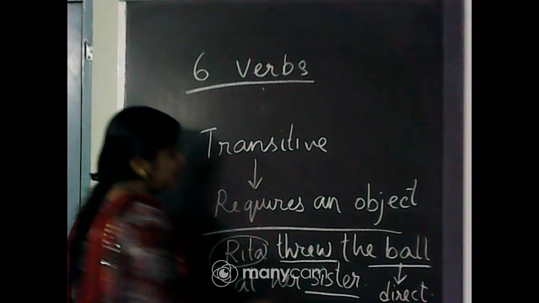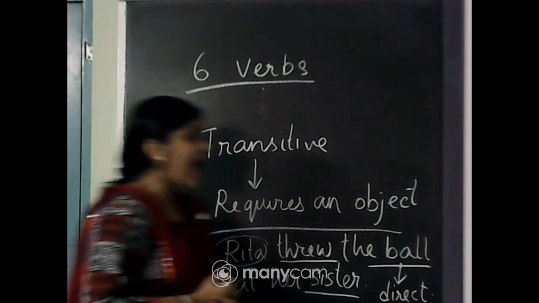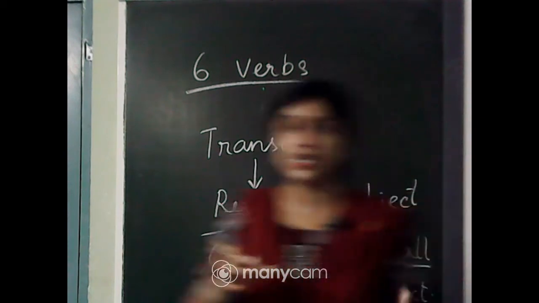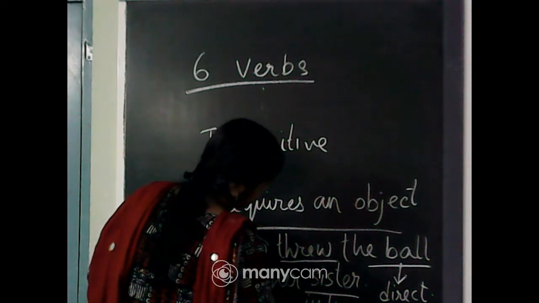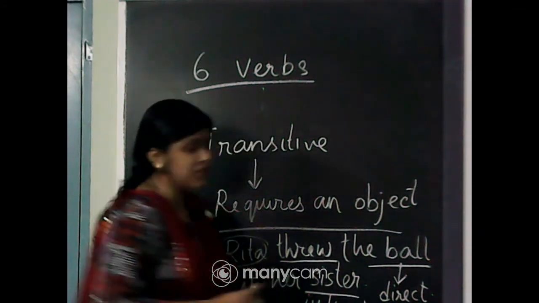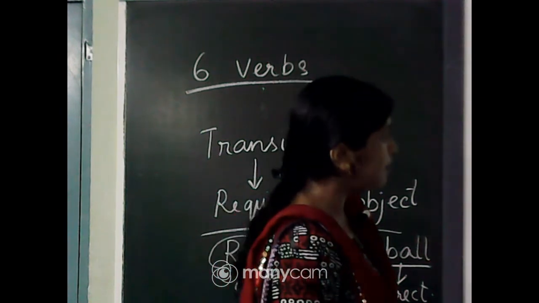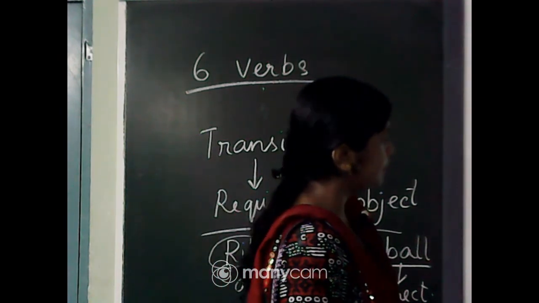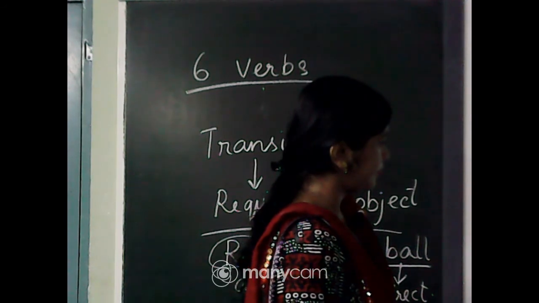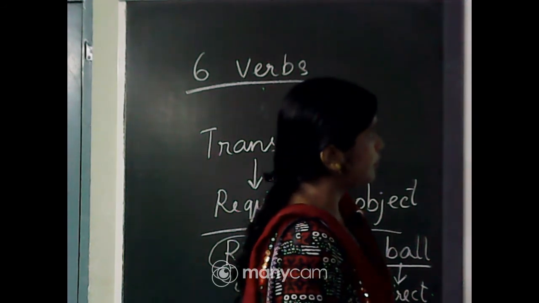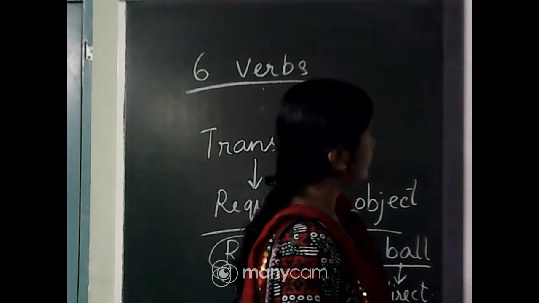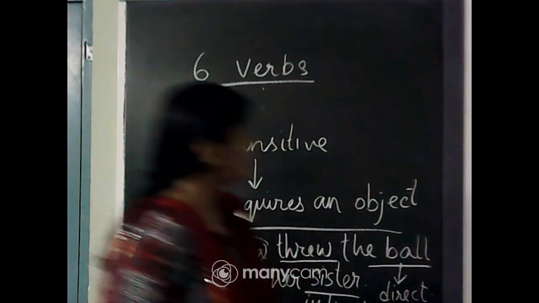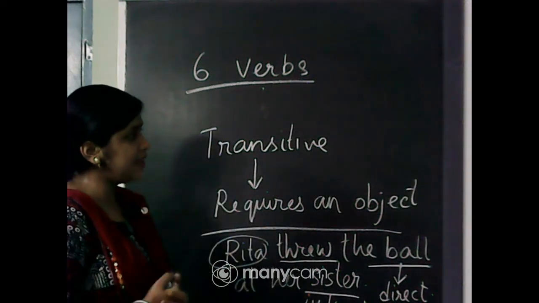And sister is indirectly being affected by the action of the verb, and so sister is the indirect object. Direct object and indirect object, the definition has been given already in your book.